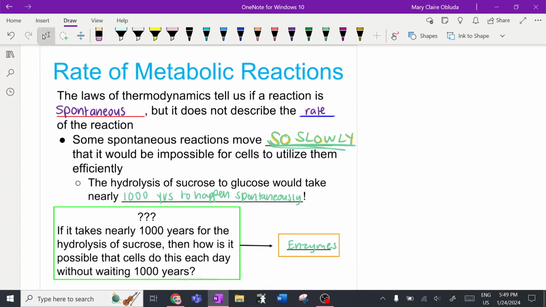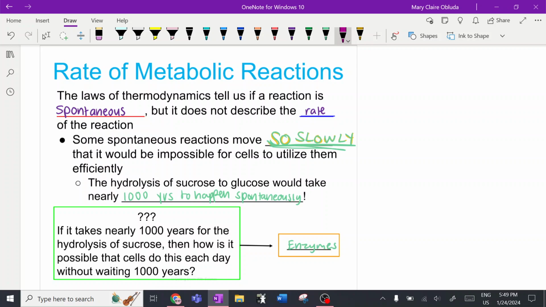So the rate of metabolic reactions. The laws of thermodynamics tell us if a reaction is spontaneous, but they do not describe the rate of a reaction. So we can find out if a reaction is spontaneous, but we don't know if it's fast or slow. Some spontaneous reactions happen so slowly, like how I said about 1 million years.